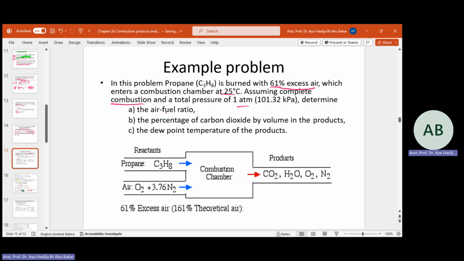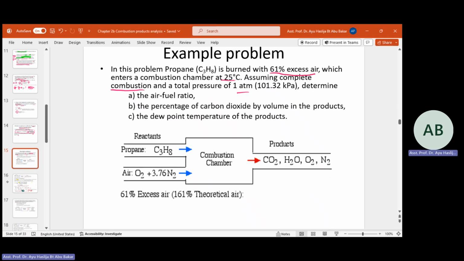Okay, assuming complete combustion here maksudnya products, you have CO2, H2O, O2 and N2. Okay, you only have these 4 products. So the first question asks you to determine the air-fuel ratio. This one, AF ratio. Okay, we go through one by one.